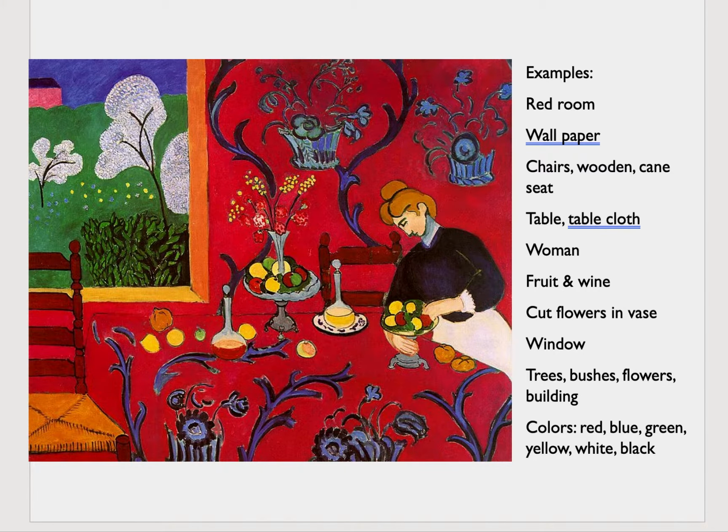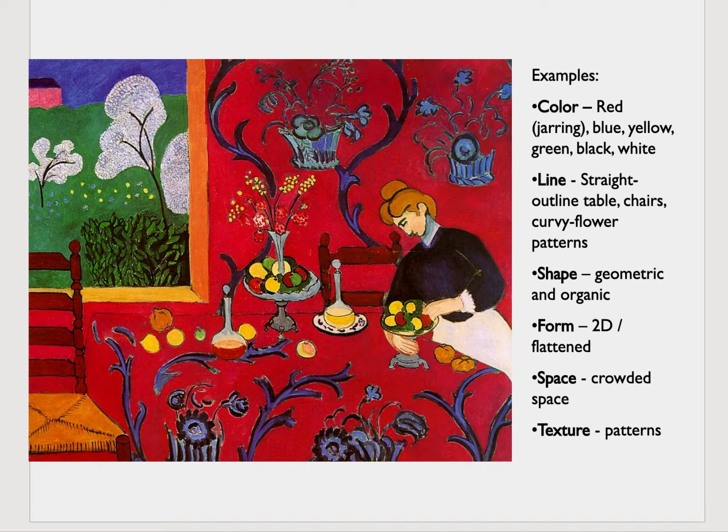I see, well, this is just the things that you see, but this one is the color, right? Red, a very jarring red. I see blue, I see yellow, I see green. Lines, I see both straight lines and I see curvy lines. What shapes, what forms. The space is a very, very crowded space, but in terms of positive space and negative space, the background, the red here, is our negative space.